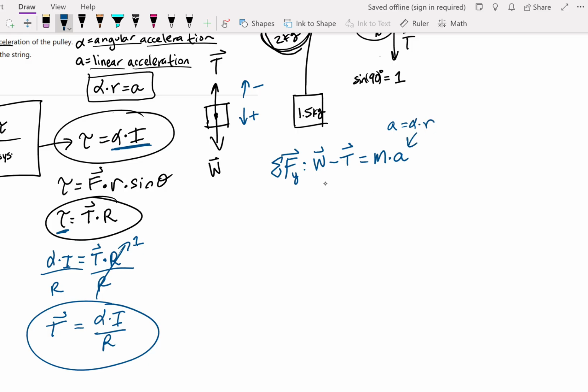And we know that the tension is angular acceleration times the inertia divided by the radius, so we could substitute that in.